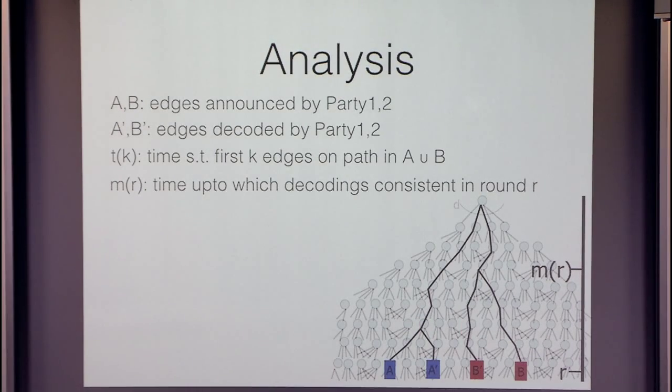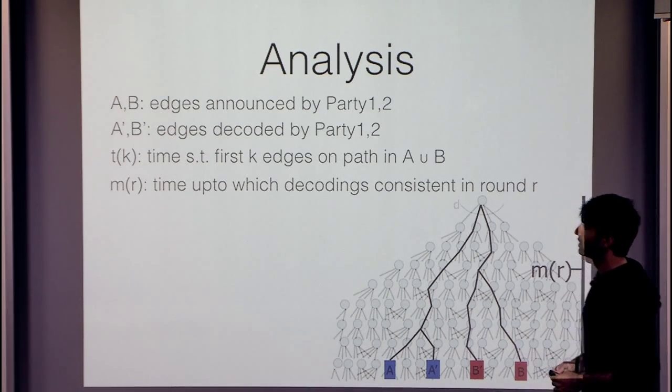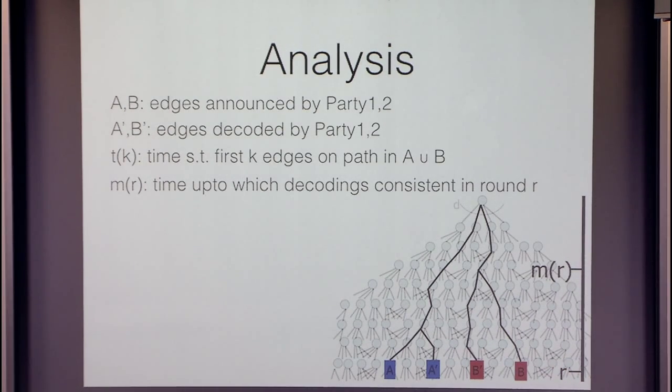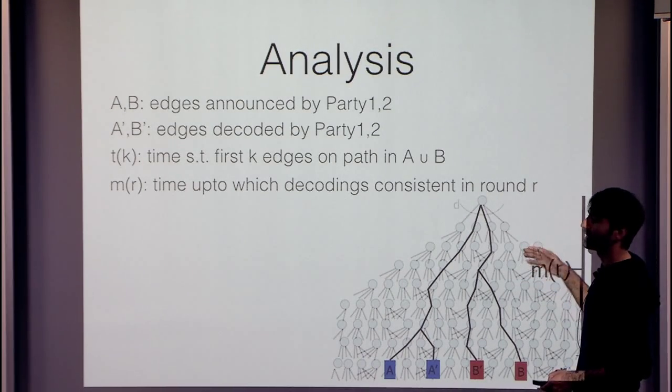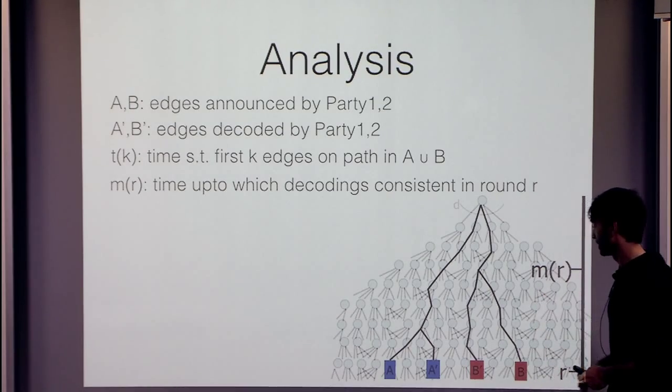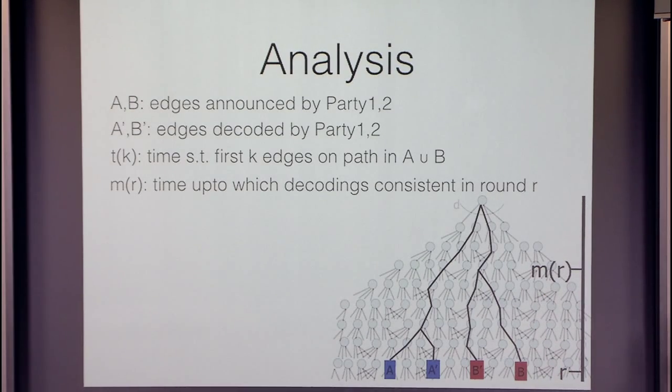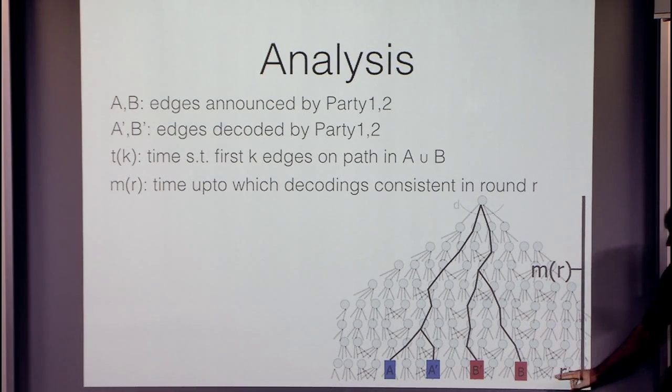So in order to understand how that can happen, let's define a second quantity. The quantity is MR, and this is the time up to which the decodings are consistent in round R. So what do I mean? Say we're at round R, and these are the 4 sets that are relevant to this round.